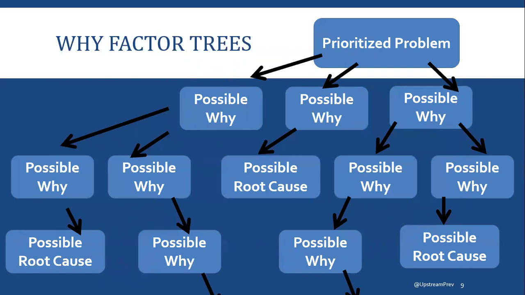So here, I want to encourage you to pause this webinar, think about your prioritized problem, and start to build this factor tree here. Why is your problem occurring? Or why might your problem be occurring? And then track those pieces down until you get to a root cause or several root causes. So go ahead and pause here.